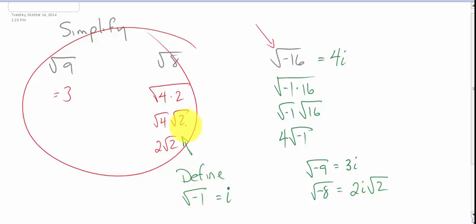All we're doing is we're putting this in here also. So we'd have an extra radical giving us i along with that 2 root 2. So with this new window open to us, there's a lot of things that we can do. So let's go and explore this idea of imaginary and complex numbers.